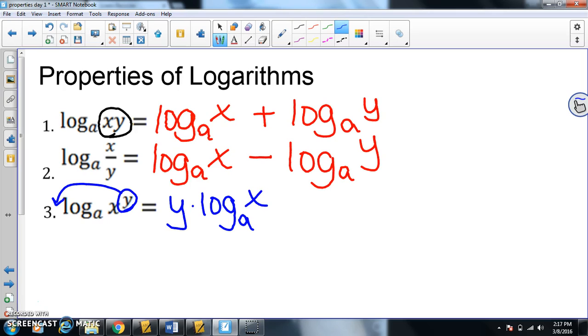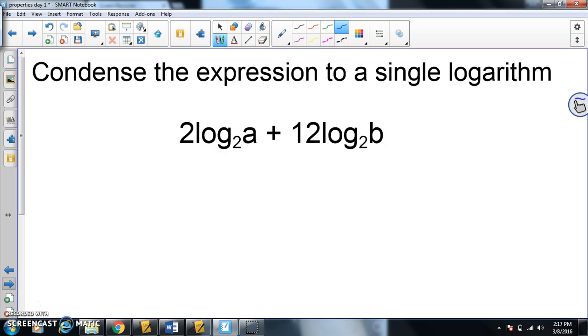So we're going to use these properties to then expand and condense our expression. So if we have more than one logarithmic expression, we are going to condense it to one logarithm. There are key things that we need to look for. We need to look at what operation we're doing with our two logs.